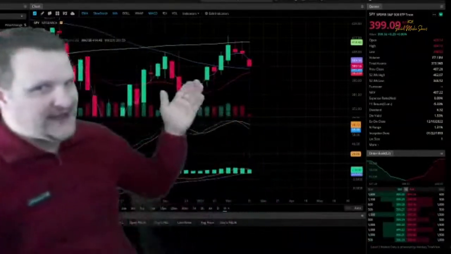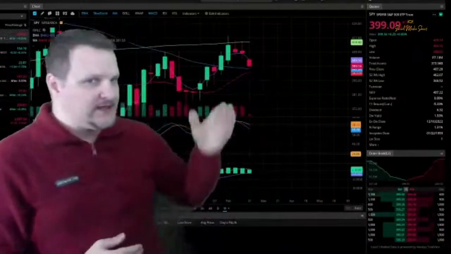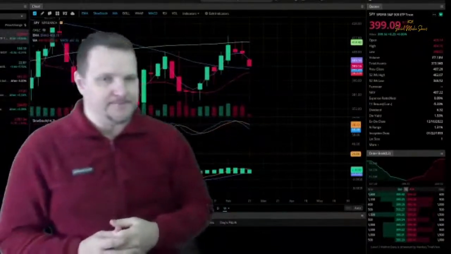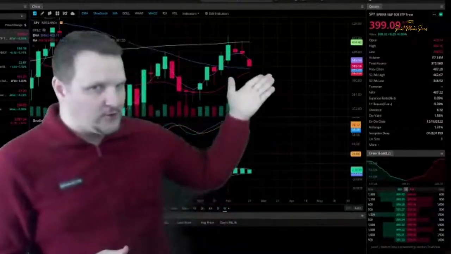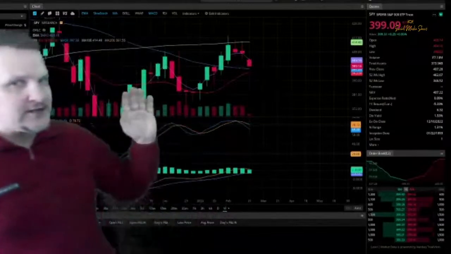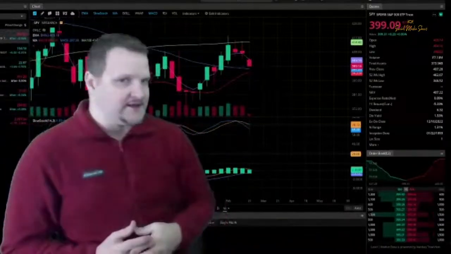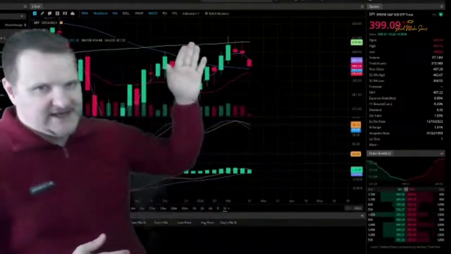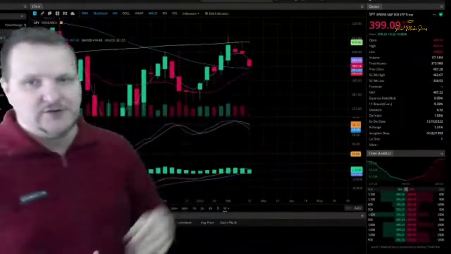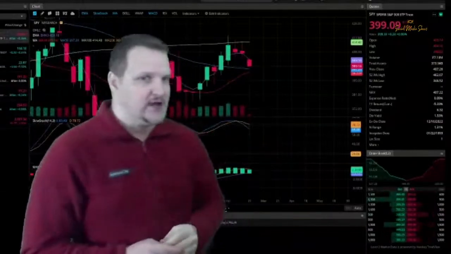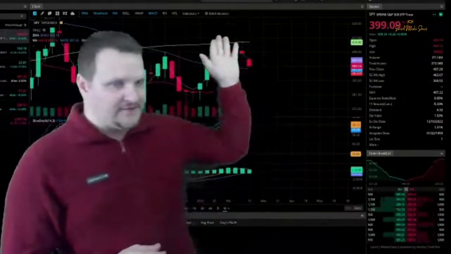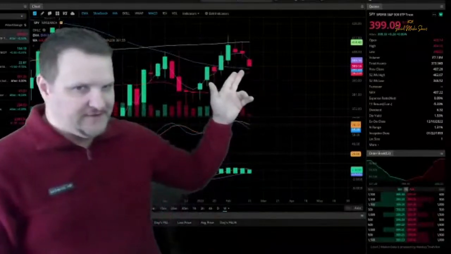This is a weekly time frame, so what you can see here is price made a beeline for the 50-week moving average. A rejection of a main moving average will send you back to the next closest moving average. In this case, it was from the 100-week to the 50-week.